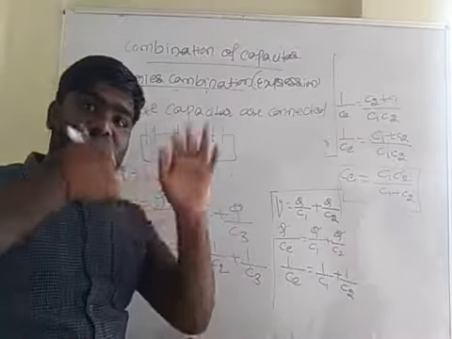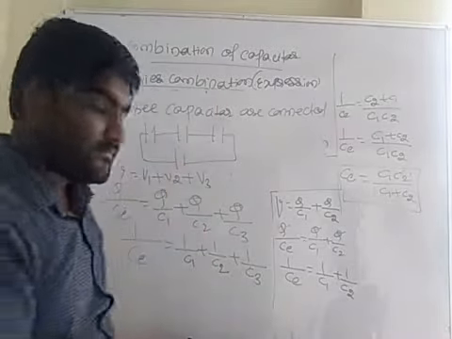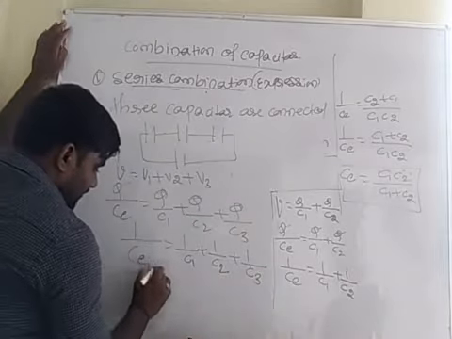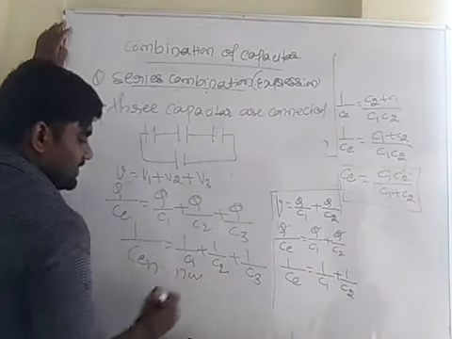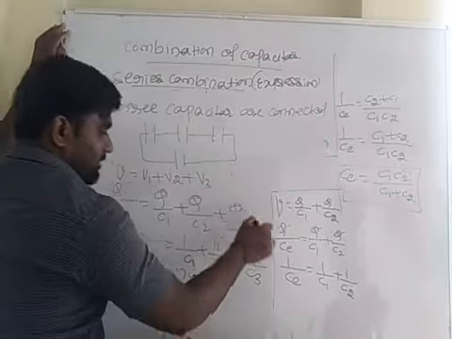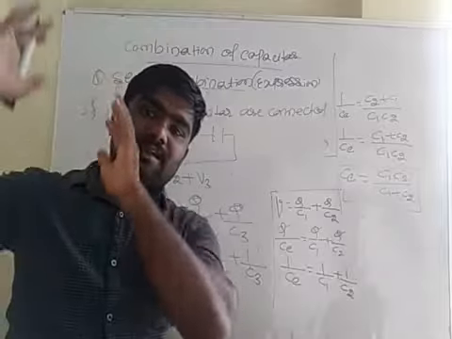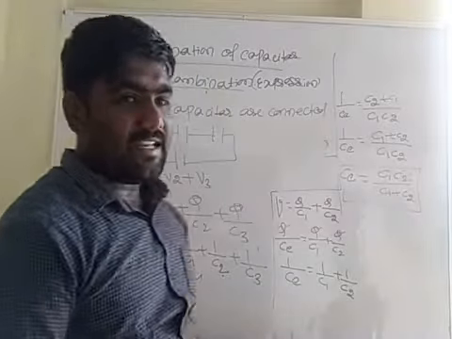If there are n number of capacitors, then what you are going to write? 1 divided by C1 plus 1 divided by C2 plus 1 divided by C3 plus 1 divided by C4 up to 1 divided by Cn is the final answer.